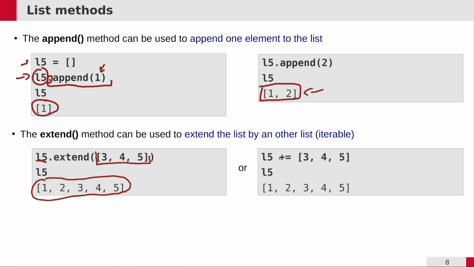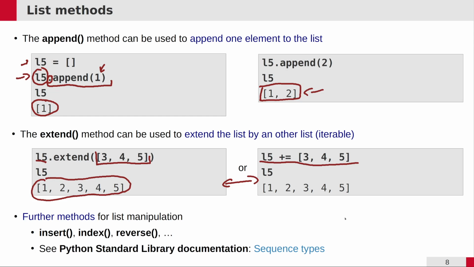There is also an alternative way of doing it, and we will talk a little bit later about the so-called infix operators. You can just write L5 += [3, 4, 5]. That means that L5 should be the content of L5 plus this list here, and this would result in exactly the same list as the other one.